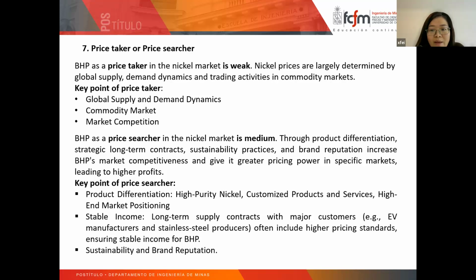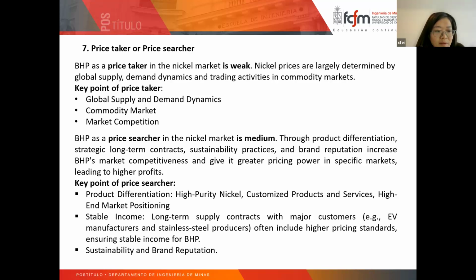Another one, by providing customers nickel products and services that satisfy special customer needs, BHP increases customer loyalty and has greater pricing power in negotiation.